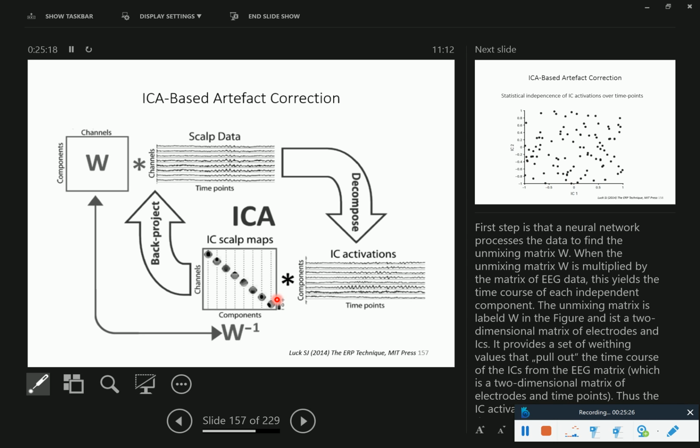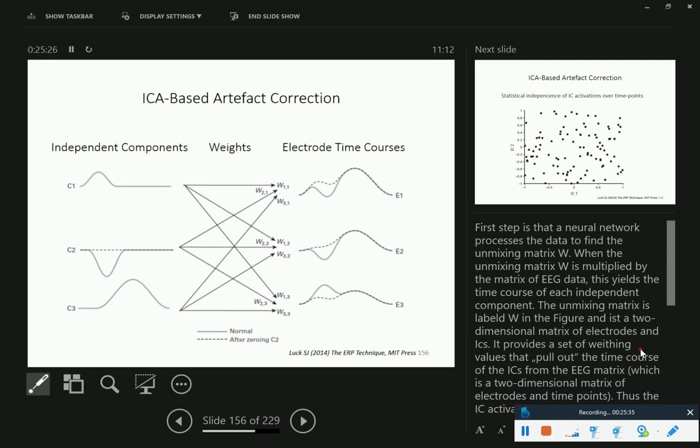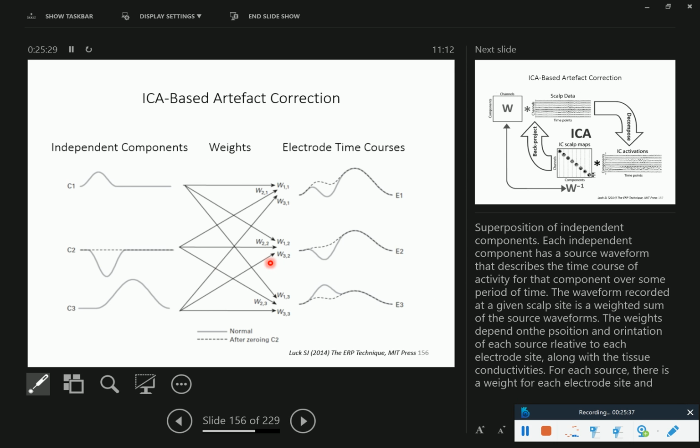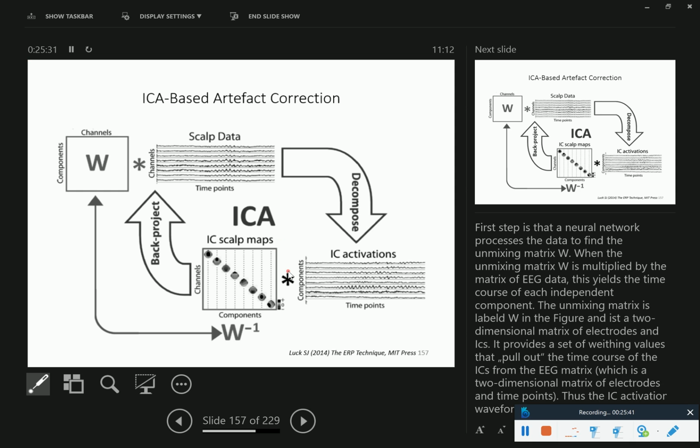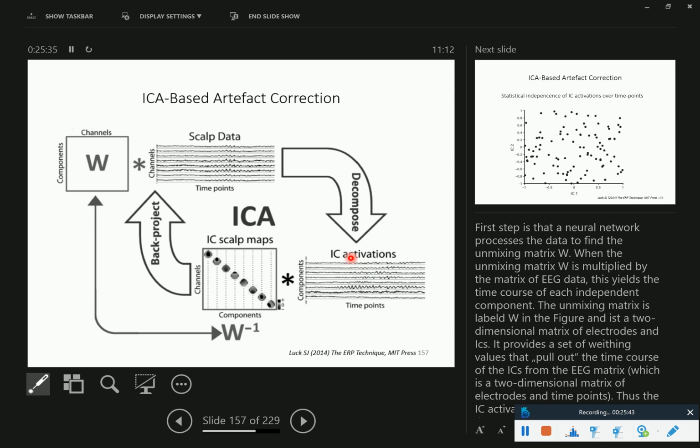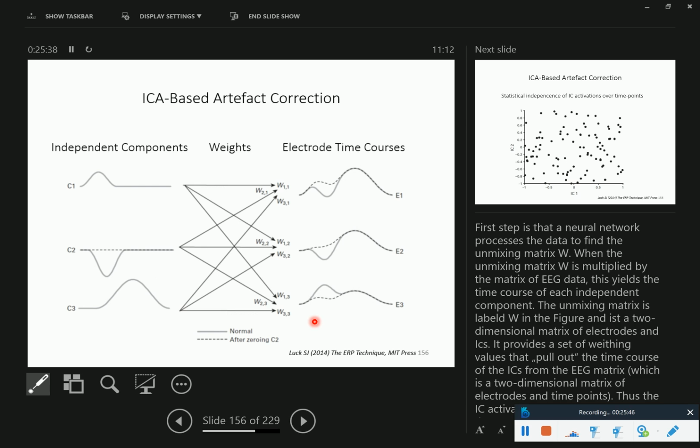Yeah, in a second I will be able to explain where this is coming from. But these are the weights that we just saw there. So this is the estimation of these weights, and what we see here is the estimation of the independent components.